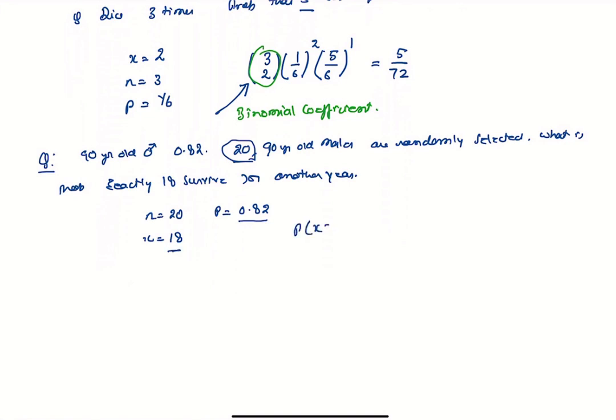So the probability of x equal to 18 is 20 choose 18, times 0.82 to the power 18, times 1 minus 0.82 to the power 2.